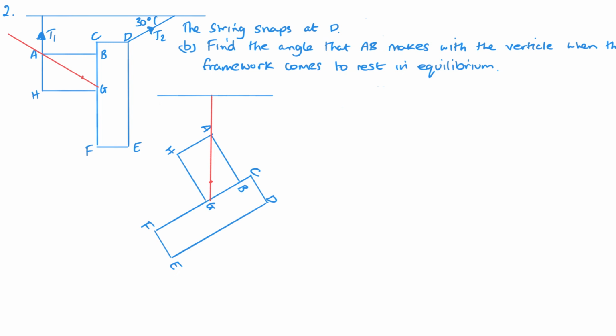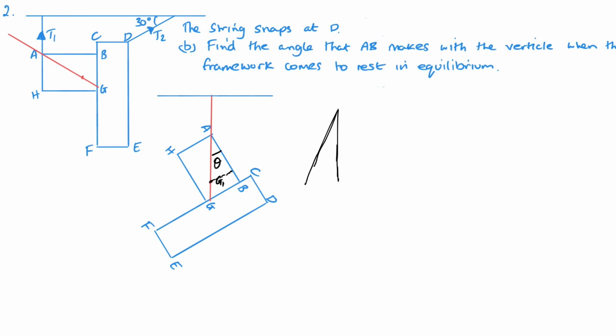Now we need to find the angle that AB makes with the vertical, so we're looking here, that's AB. I do actually have another G in there which I didn't see before, so let's call this G1, which is our centre of mass here. So here's my triangle, should be quite straightforward.